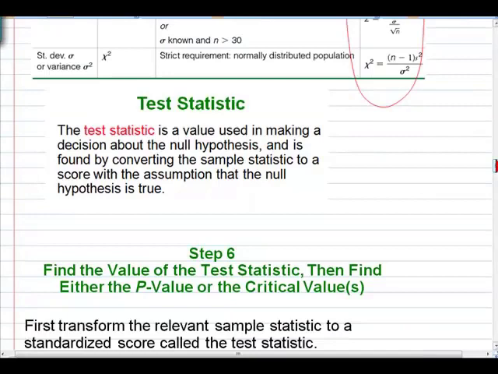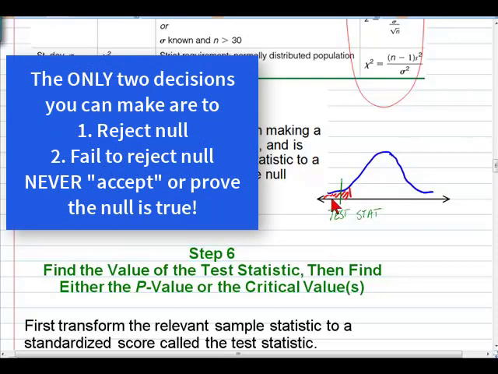Our test statistic is a single numerical value that's used in making a decision about the null hypothesis. If you were to draw this graph like we did whenever I was talking about the tails on the test, and you plotted your test statistic, and it fell somewhere over here, let's say right here, we would reject the null hypothesis because that test statistic fell in the critical region.